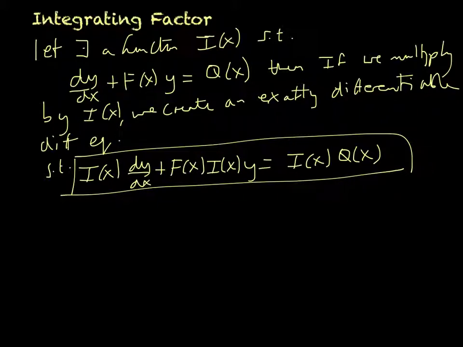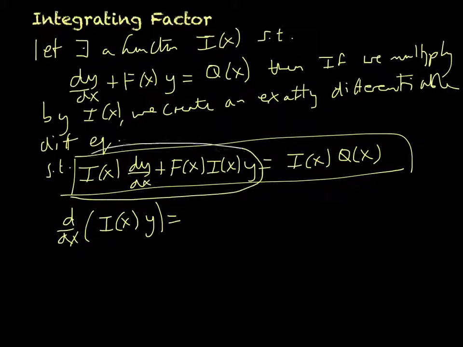I'm saying that if this is exactly differentiable now, if this function exists, then what should happen is that d over dx of I of x times y should differentiate to what's on the left-hand side here, if this is the case. So this should give us I of x dy by dx plus f of x I of x y.